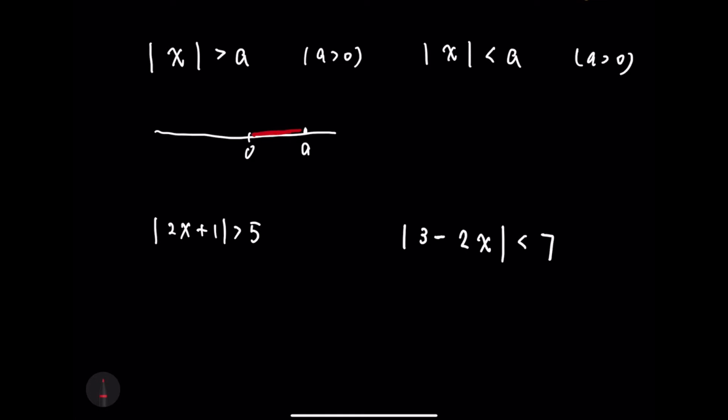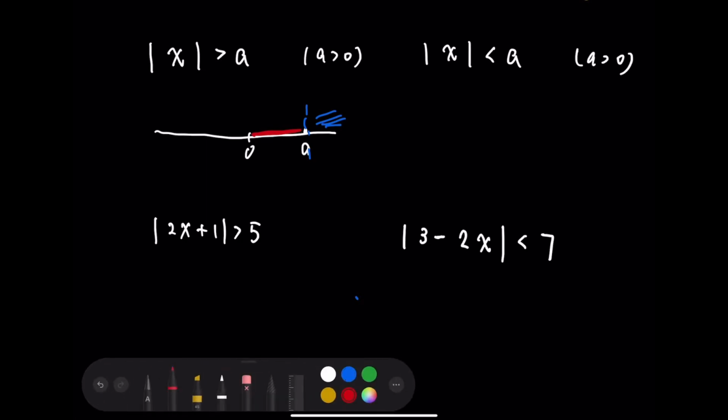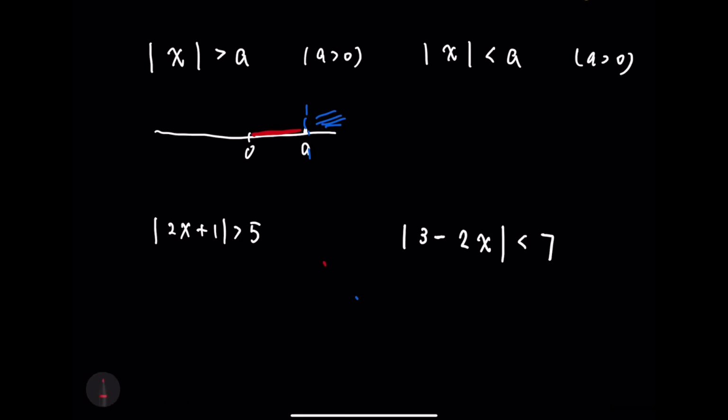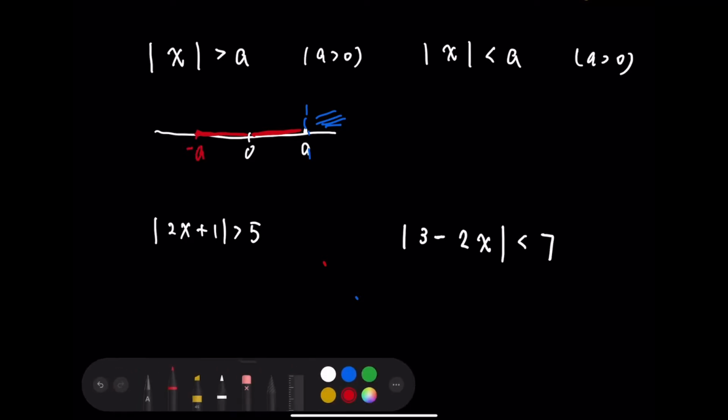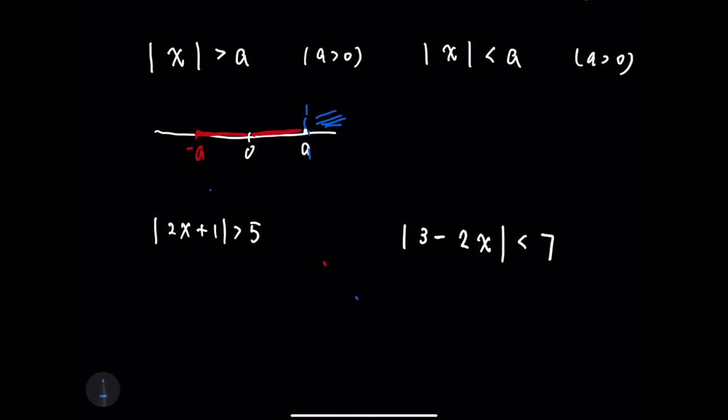So if you want a distance more than that, the number is going to be on this side, or this side, because that distance could also be approached from the negative side. If that distance is still a, even when the number here is negative a, and the distance has to be bigger than that distance, so the number must be on this side.